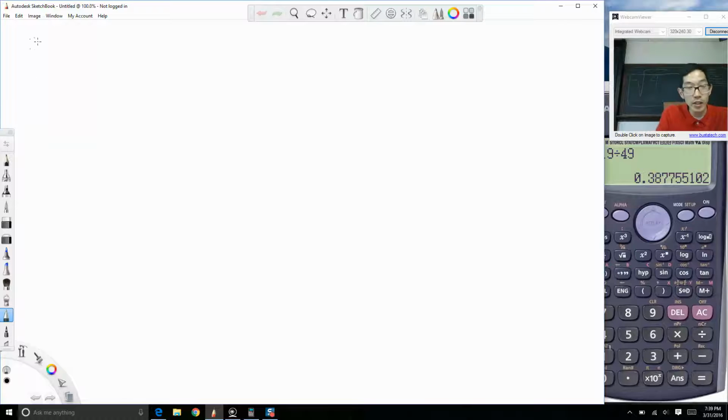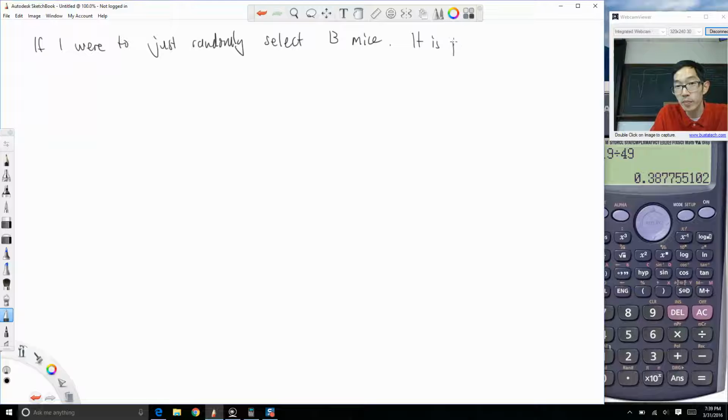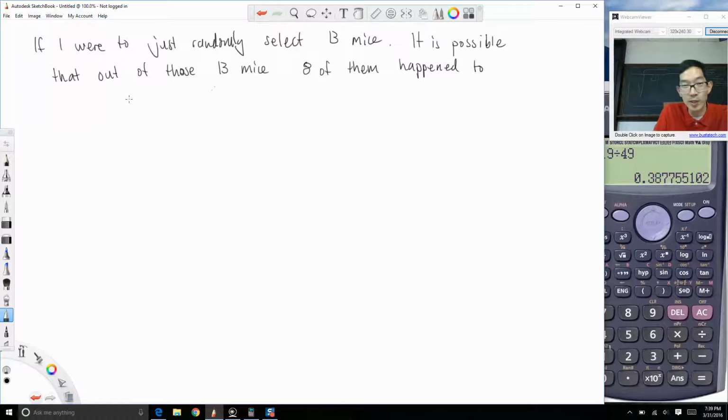So if I were to just randomly select 13 mice, okay, it is possible that out of those 13 mice, 8 of them happen to be the tumor-destined mice.